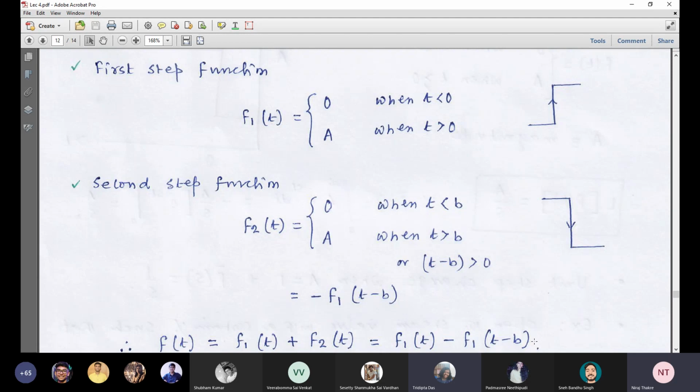I'm not asking the answer. What is the Laplace transform of this one, f1(t)? A by S. Okay, what about this one? 1 by S square minus b by S. Check this one. The Laplace transform of just this one, you check.